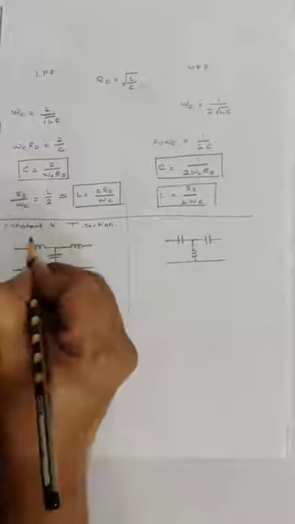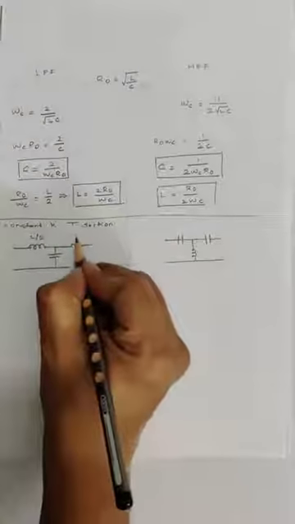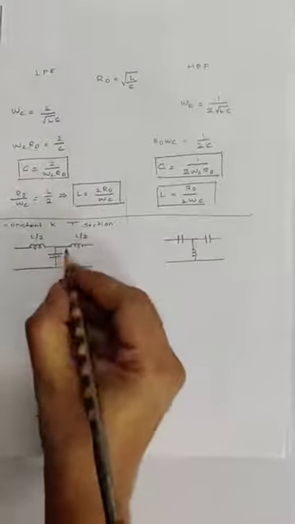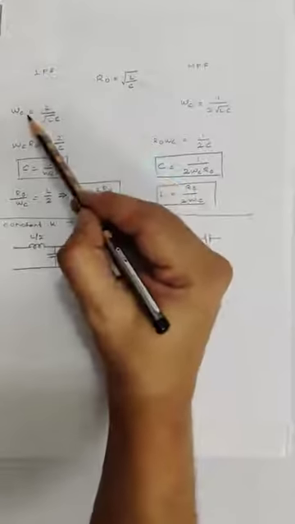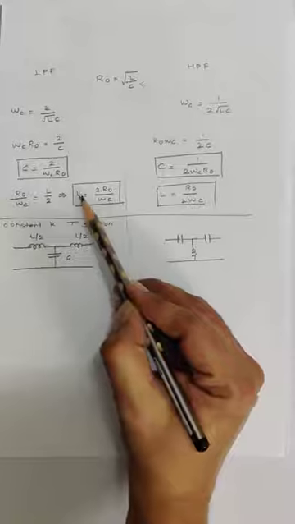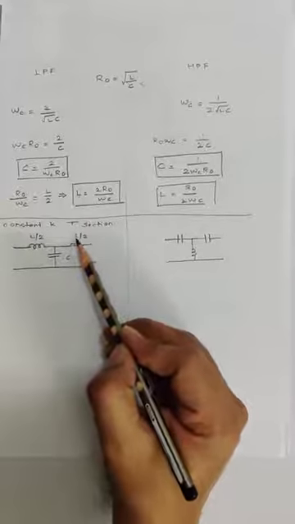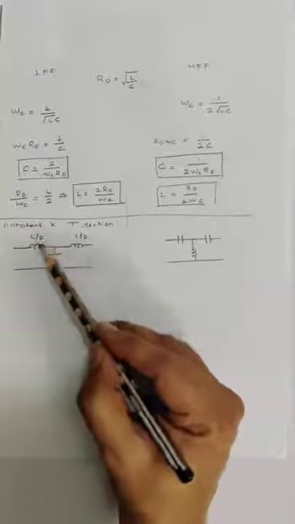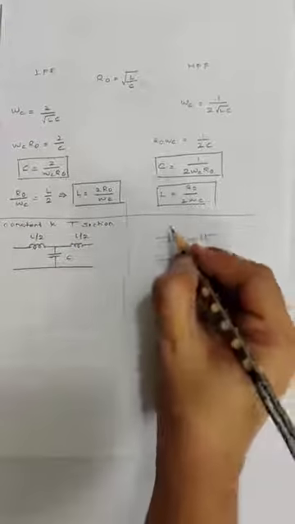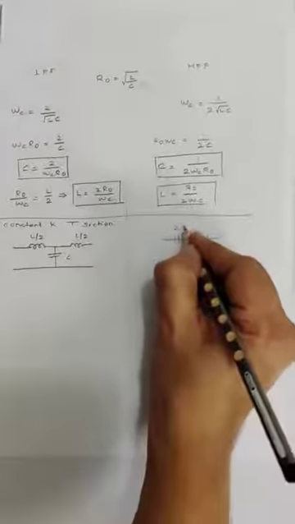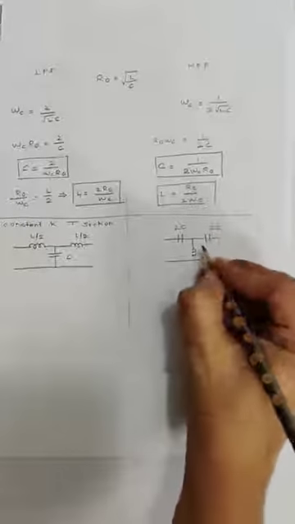And the formula for this one will be L by 2, inductor will be L by 2, and the capacitor C as it is. So after giving R0 and omega C, one has to calculate L first, and then we have to actually place L by 2 inductor, or the value of the inductor will be L by 2 over here. Here the formula will be 2C, and here it will be L.